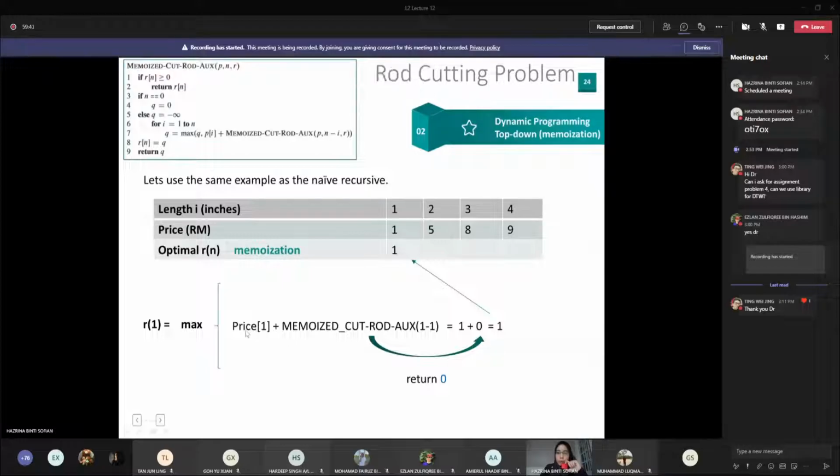What you need to do is price 1. Price 1 is 1. So this one is n minus i. Our n is 1 and our i is also 1, so this is 0. If it is 0, then we need to return 0.